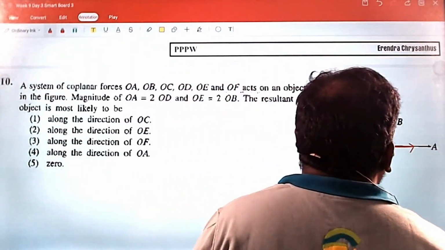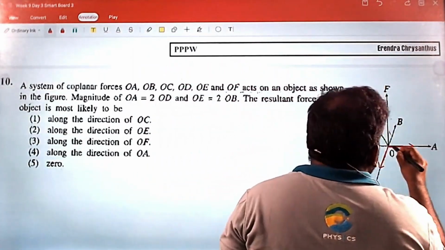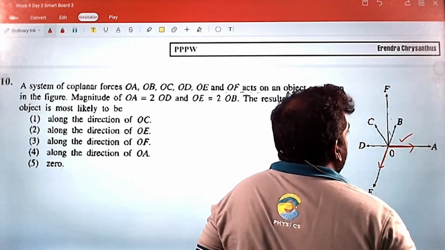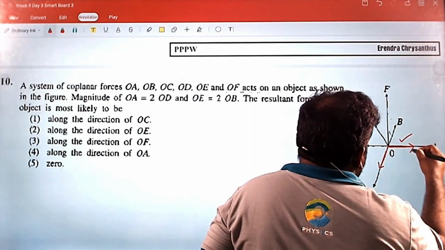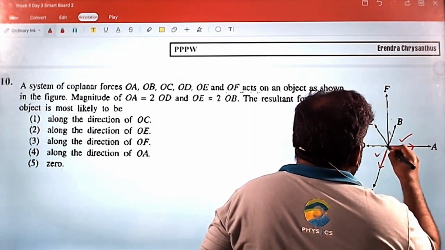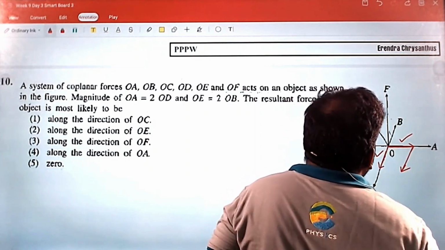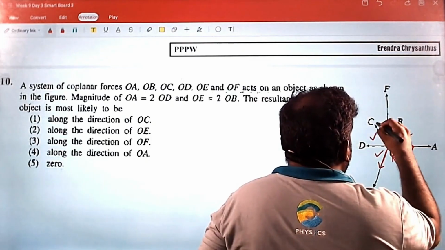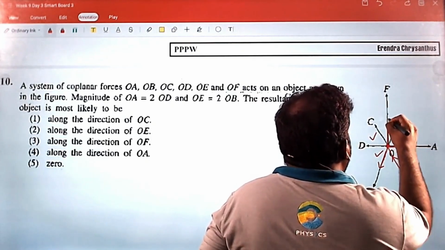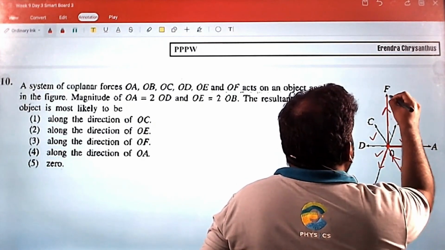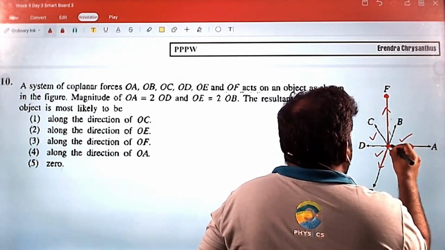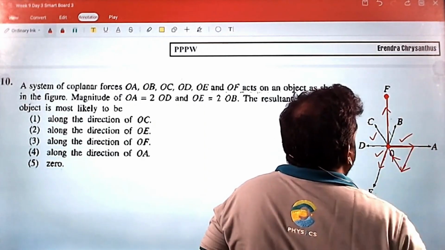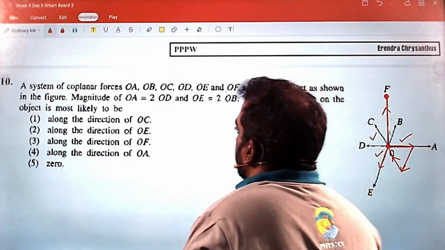Resultant is most likely to be. Okay. Start from one vector. Where it ends, start the other vector. Where that ends, start the other vector. Where that ends, start the other vector. Starting point, finishing point K. So resultant is in the OF direction.